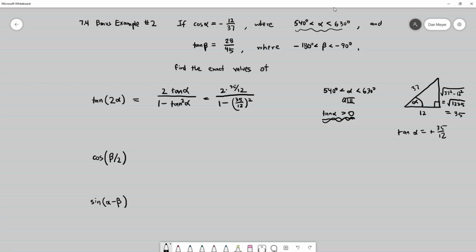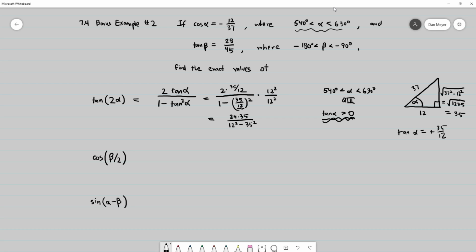And I think I want to multiply on top and bottom by 12 squared just to get rid of this denominator here. And when we do that, we get 24 times 35 all over 12 squared minus 35 squared.